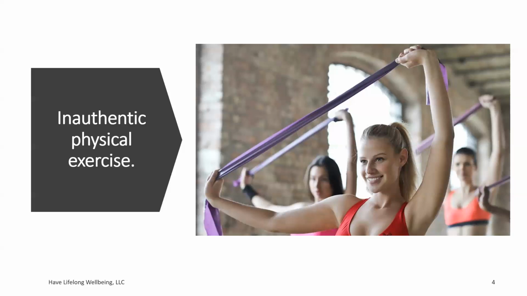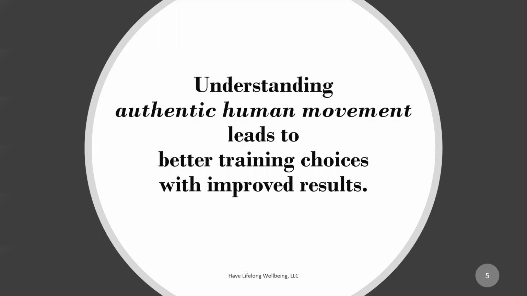So isn't it really important for you to know that, especially if you've got chronic shoulder issues or before you have surgery for something that may not be the cause of your pain? It's critical that you understand that authentic human movement training does lead to better workout choices and improved results.